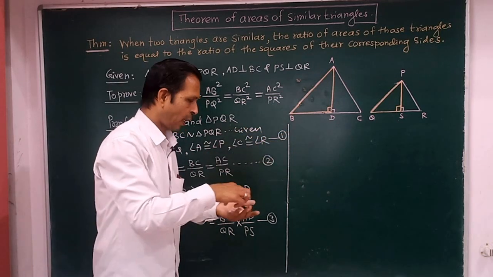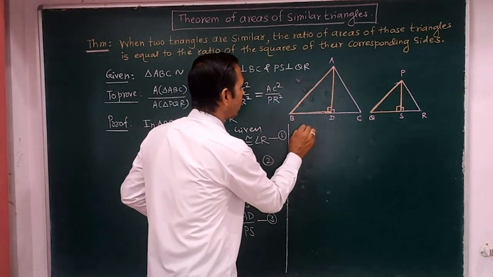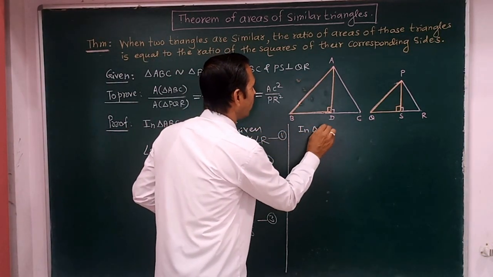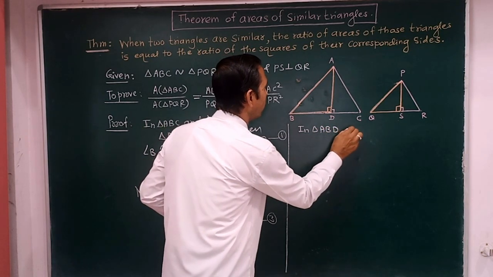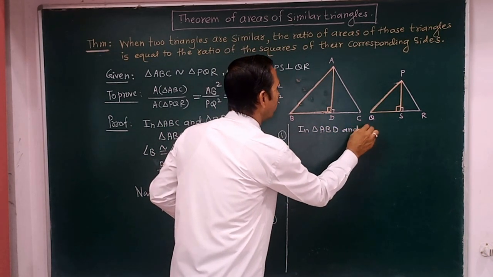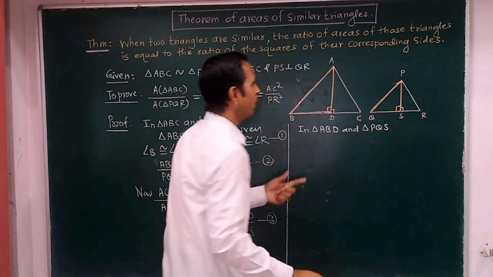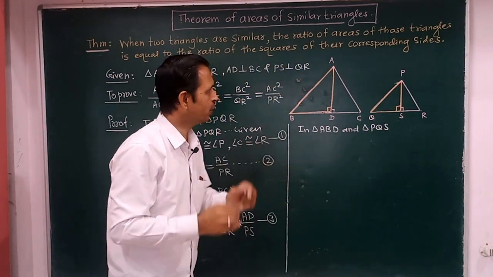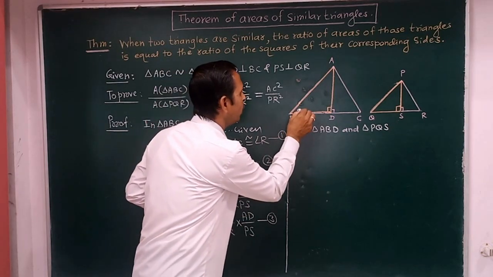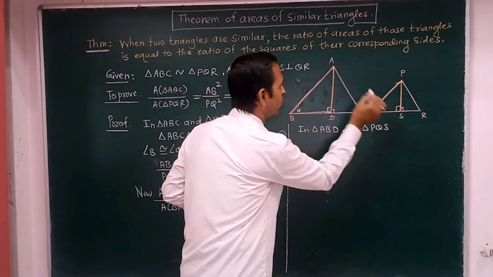Again take the two triangles. Now in triangle ABD and triangle PQS, in these two triangles, what happens? Angle B is congruent with angle Q. Why?